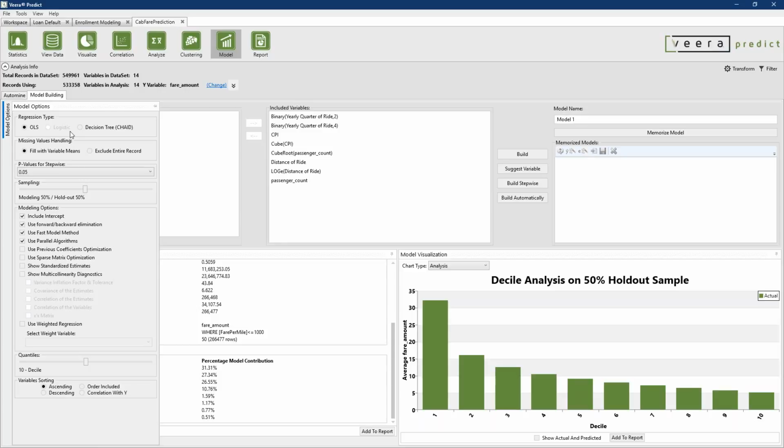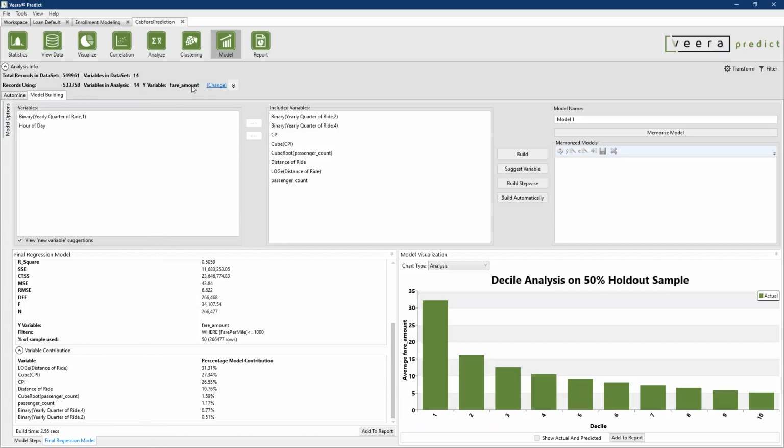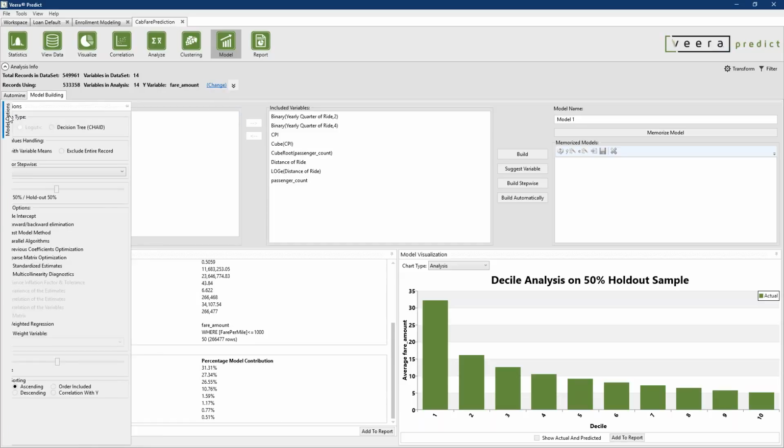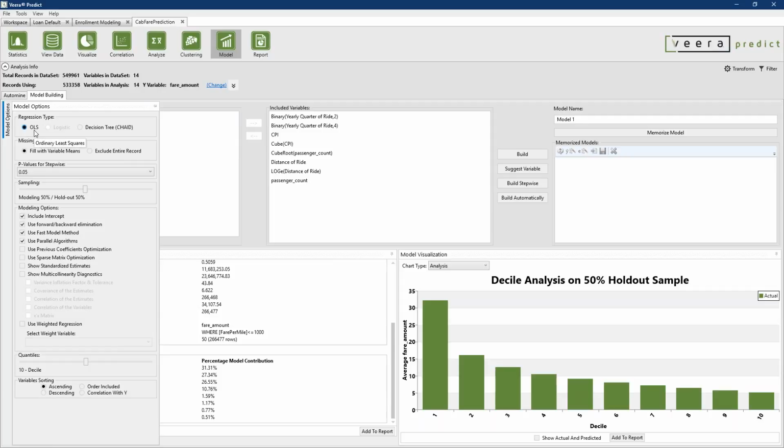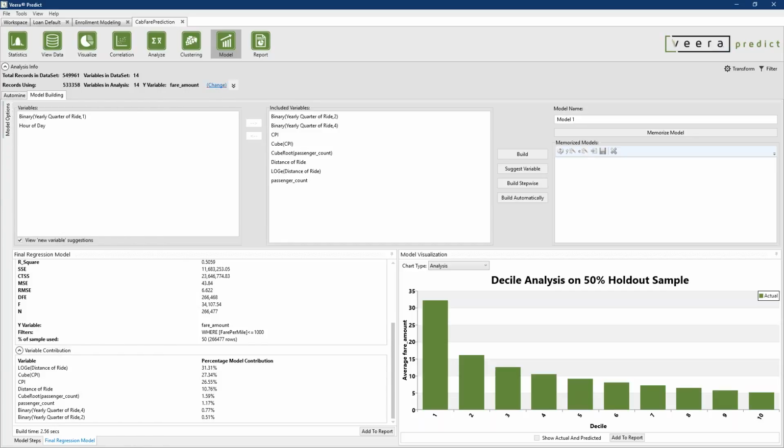The reason, it depends on your outcome. Sorry, I'll cut to the chase here. So if it sees that what you're trying to predict, your fare amount, is a continuous field, then automatically Vera Predict will go ahead and use the statistical modeling method that is suited to continuous variables, which is ordinary least squares. And actually, we do get this question a lot from people that are trying to write up reports and things to talk about what method was used.